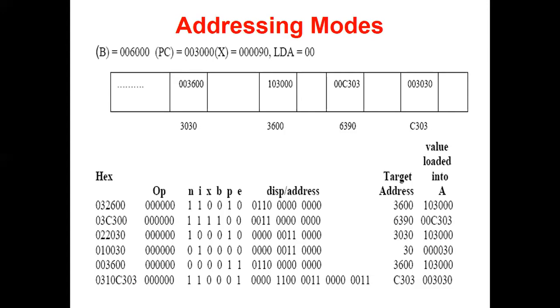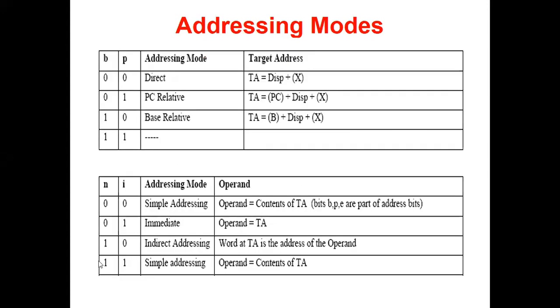Now you remember that that is determined by bits N and I. Bits N and I are the ones which tell us what we are going to load. Now in this case, N is 1, I is 1. So when we again look at the table here, when N is 1 and I is 1, we said that is simple addressing.